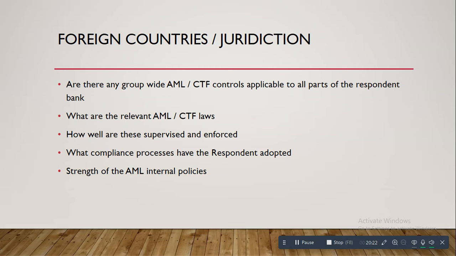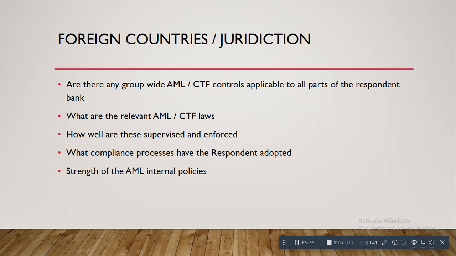Then what are the relevant AML, CTF laws present in that jurisdiction or foreign country. Let's say there are two banks, one from the UK and one from the USA, and they want to enter a correspondent banking relationship.